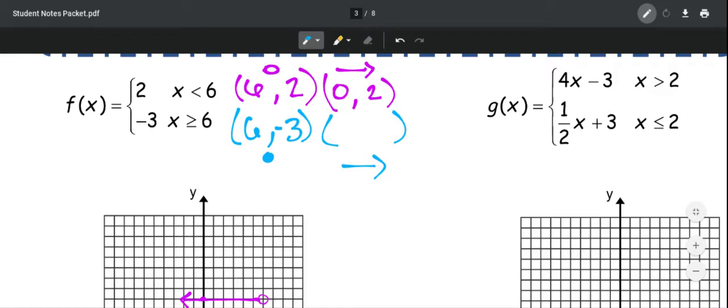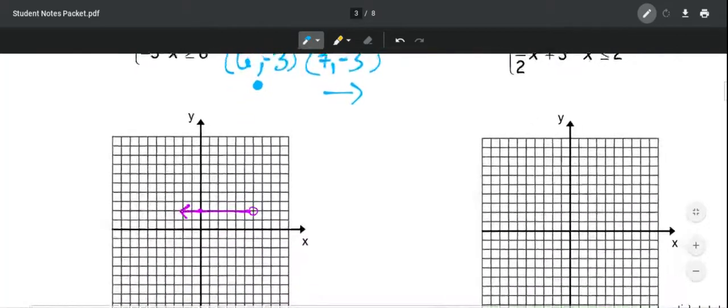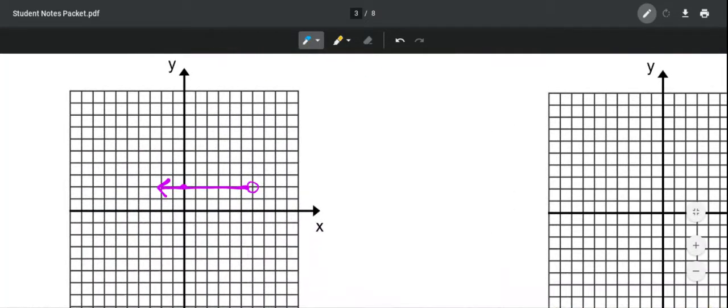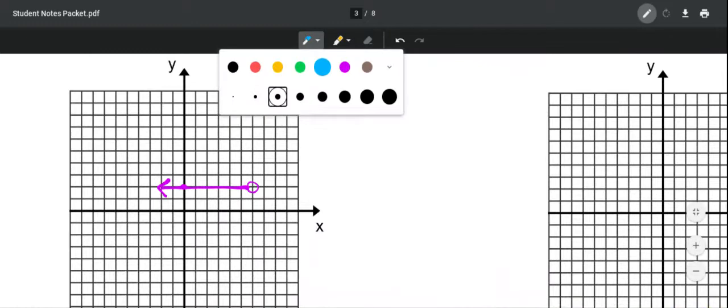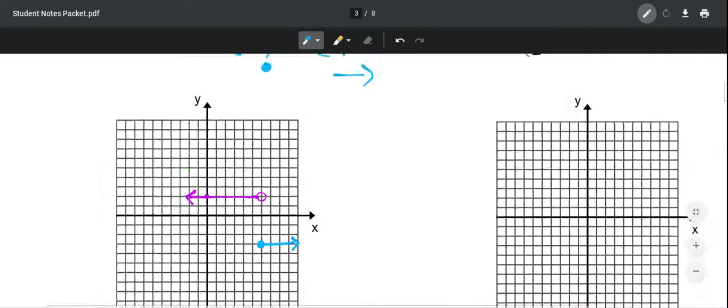I can pick any number. I'll just pick 7 is -3. So 6, -3. One, 2, 3. And there's my point. 7, -3. That is going to be the arrow it goes towards.